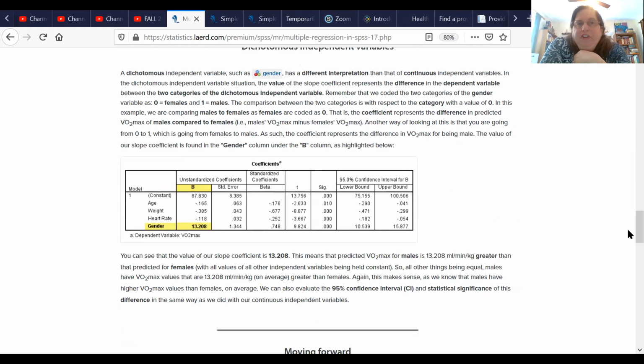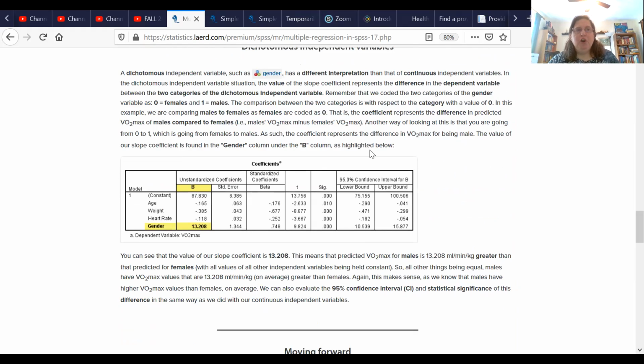Our dichotomous gender variable has a slightly different interpretation than continuous independent variables. The way I think of it is, let me get this part right, which one was the one with 0? Well, females were coded as 0.